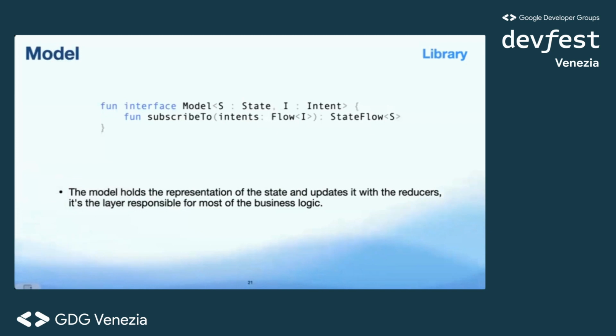I hope you know what the flow is in Kotlin, because it's the actual reactive component given by Kotlin. And it's useful, as you know, to handle an asynchronous stream of events. And the function is called subscribeTo because it actually subscribes to the flow of events given by the UI. We're going to see this pretty soon.